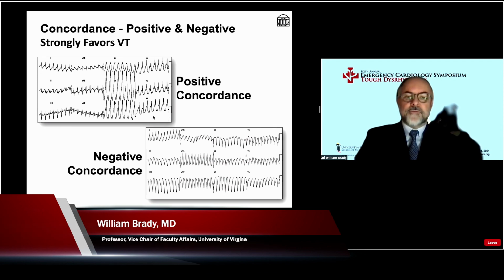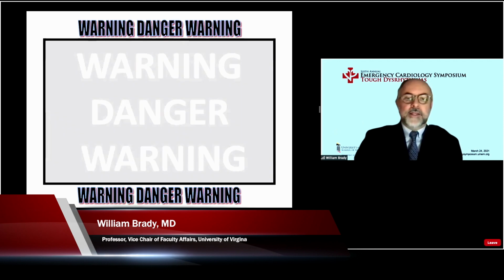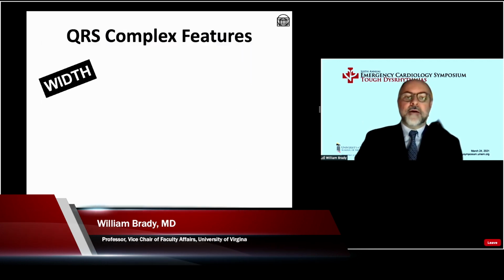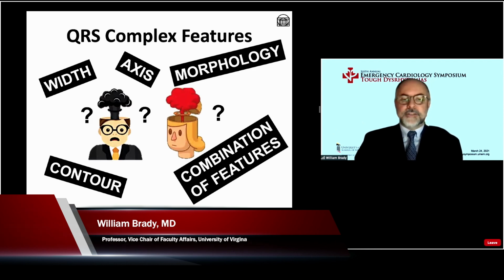Now, the next range of findings are not particularly helpful. So QRS width, QRS axis, morphologies, contours, combination of features. These are findings that really comprise many of the clinical decision rules we're going to next mention, and they're not that helpful, okay?